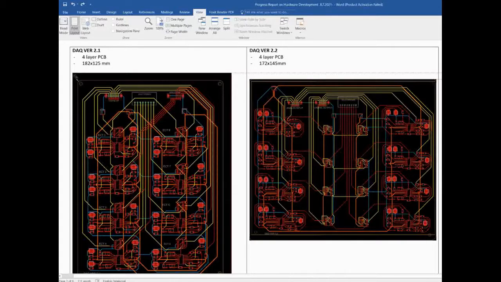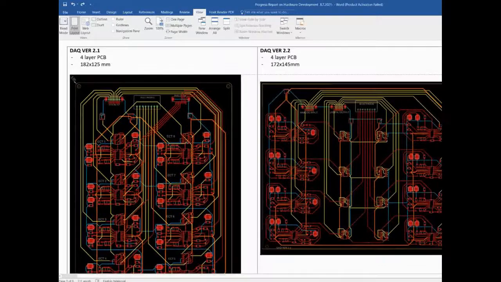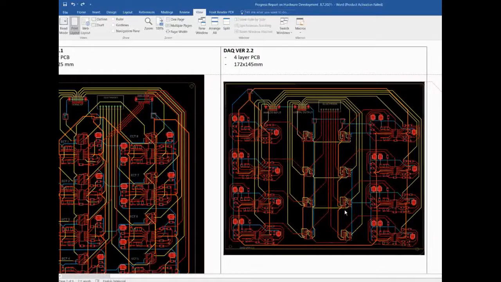The first layer I dedicate for analog signals. The second layer I dedicate for digital. The third layer is for the power plane, for power traces, and the fourth layer is for ground routing, ground traces. So this is what I did in version 2.1.